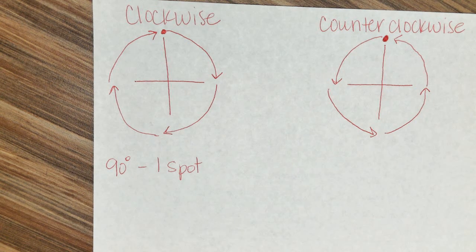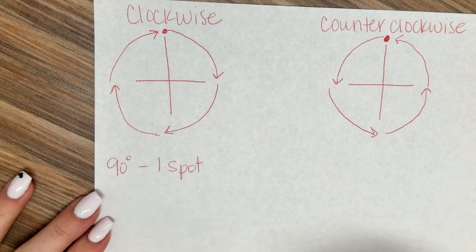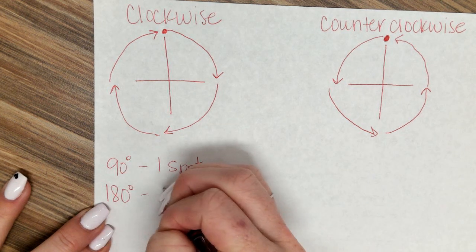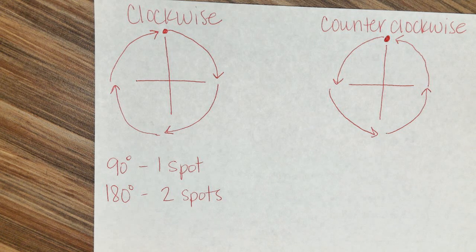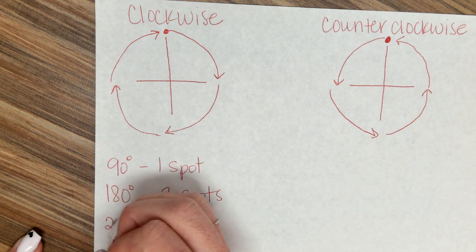How much does 90 degrees move it? One spot. If I move another 90 degrees, 90 plus 90 is 180. That would move it 2 spots. If I go another 90 degrees, 180 plus 90 is 270 degrees.